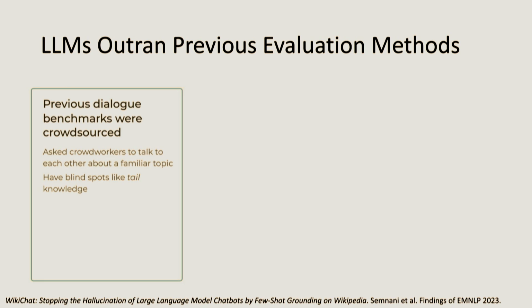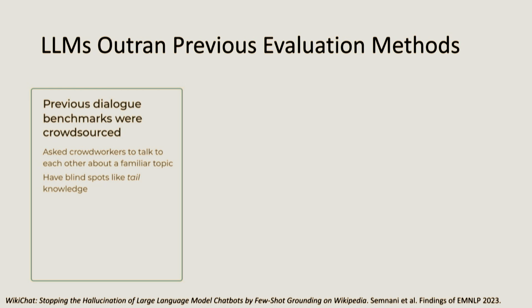And this, I think, has affected negatively how people have been evaluating chatbots, especially in the beginning of the LLM era. Most people in academia used, and still do, static benchmarks that are crowdsourced.